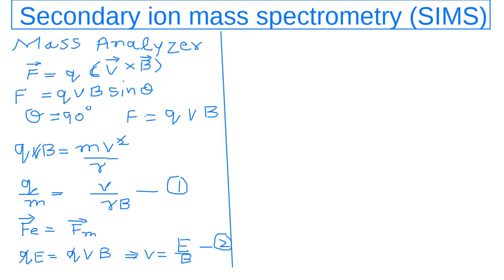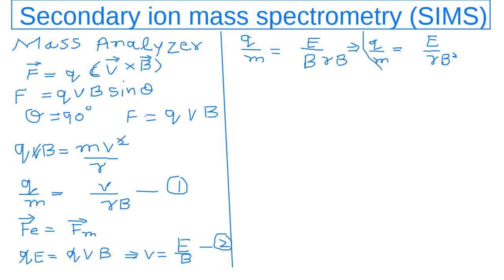Q by M is equal to, instead of V, you put E over B, and what remains is RB. So Q by M is equal to E over R B square. This is the expression we are talking about.